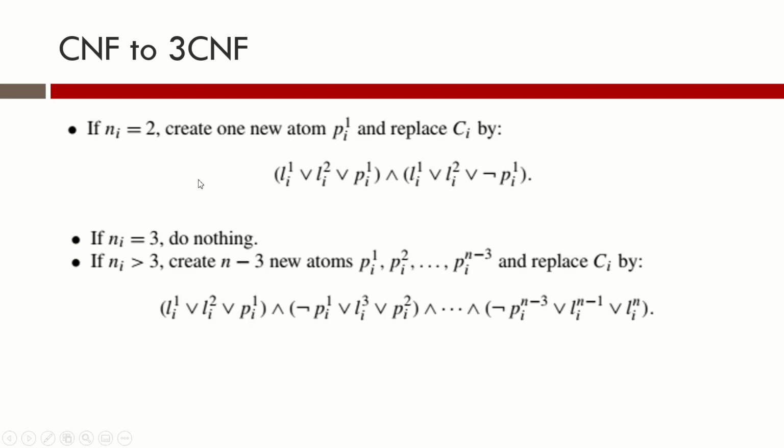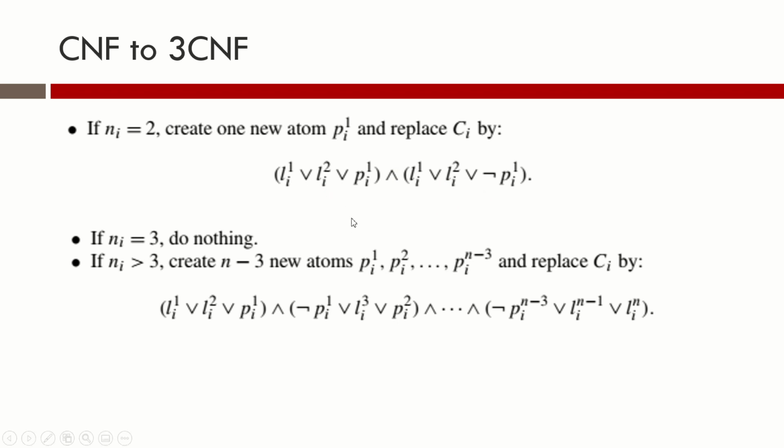Now the next case is when the number of literals is 2. You have 2 literals in a disjunction, in which case you will have to add one more literal. We are introducing one new atom Pi1, and we are transforming our disjunction, that is Li1 or Li2, into Li1 or Li2 or Pi1, and Li1 or Li2 or negation Pi1.